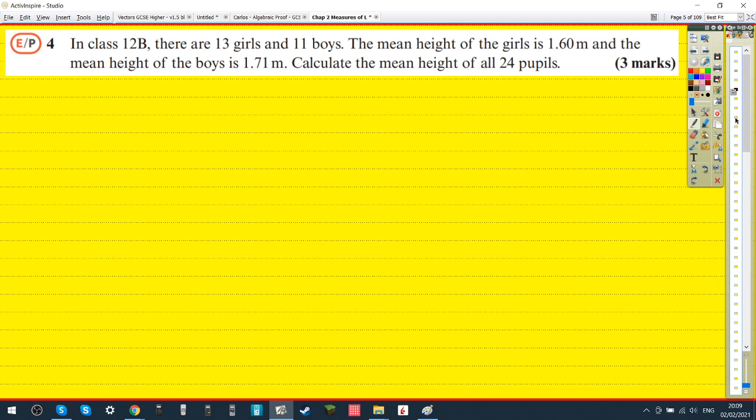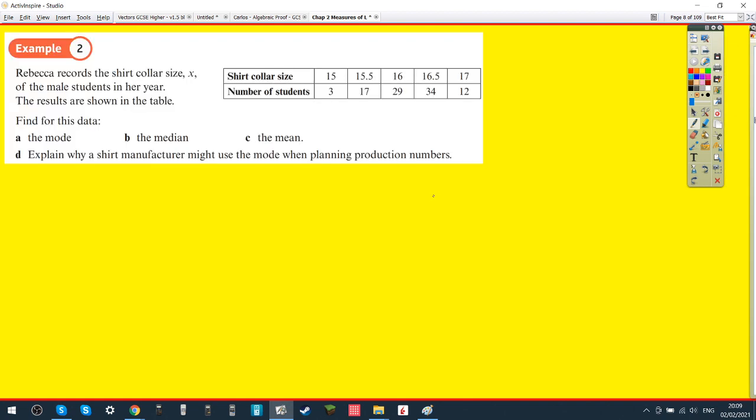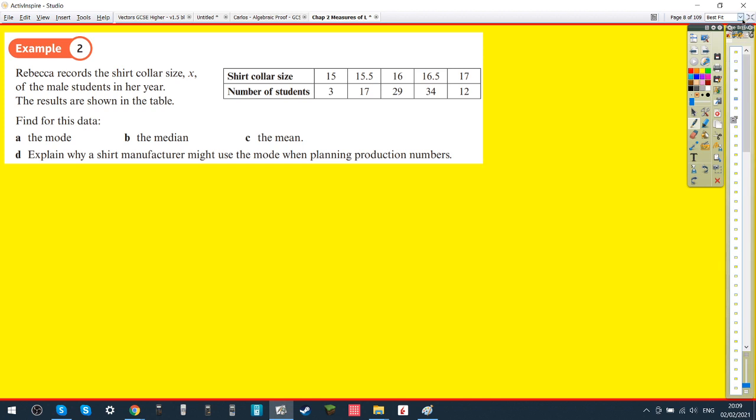I got 1.65 to 2 decimal places. Yep. Great. Okay, so let's give this one a go.